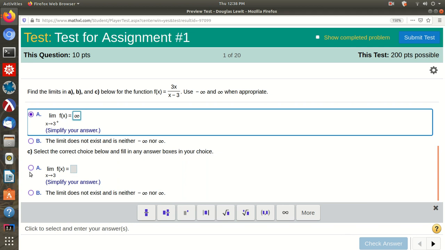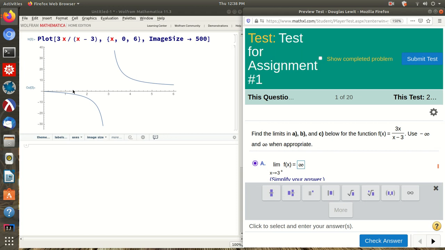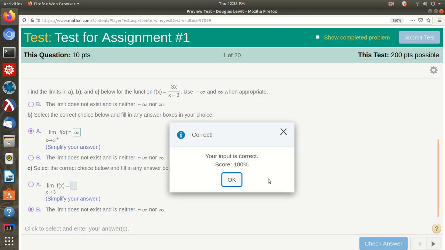Here we know the limit does not exist, and the reason why the two-sided limit does not exist is because the left-sided limit does not agree with the right-sided limit. So therefore you would say that the two-sided limit, or the regular limit, does not exist. Okay, check answer. Your input is correct. Score 100%. Okay, great.